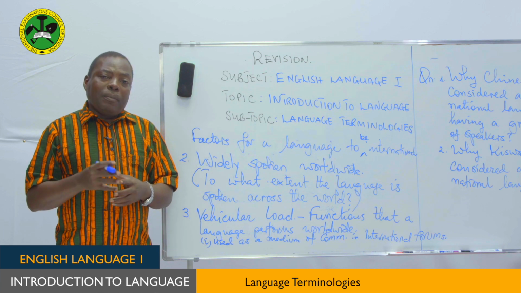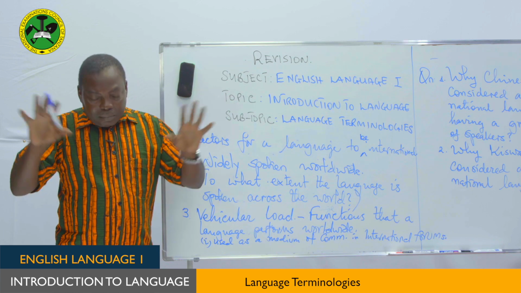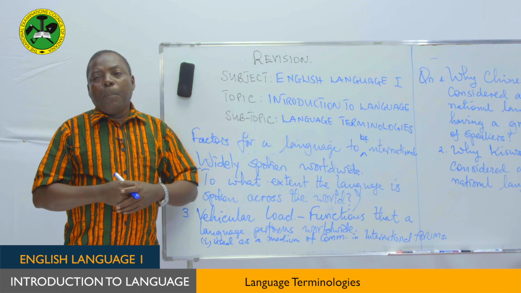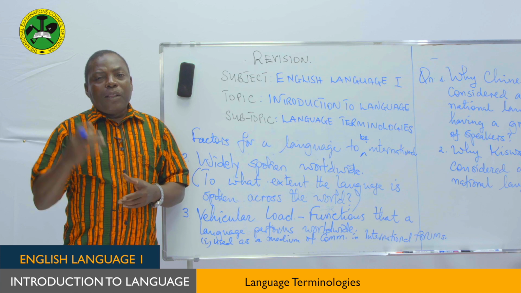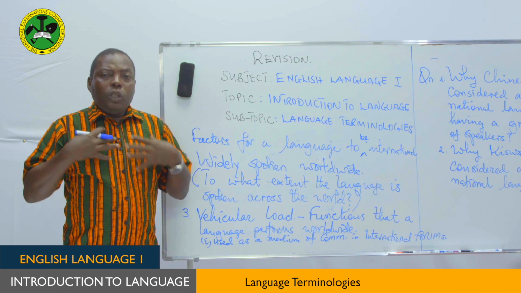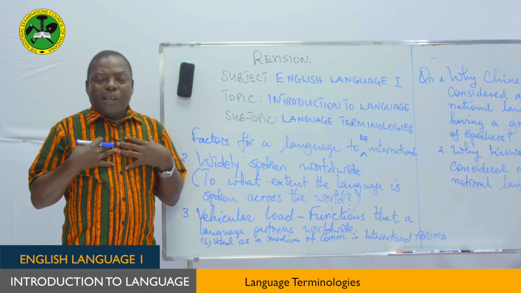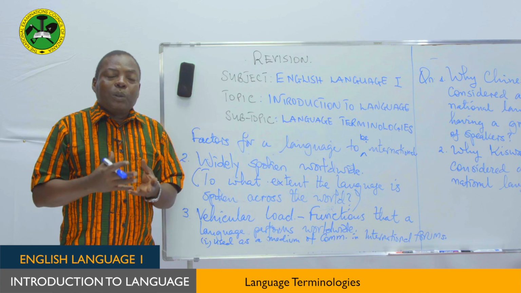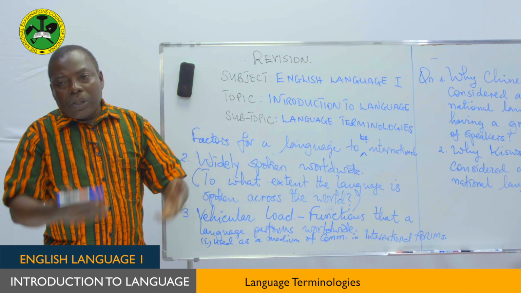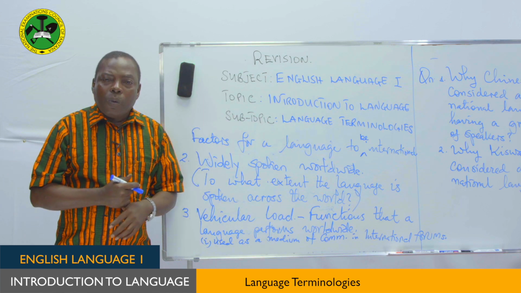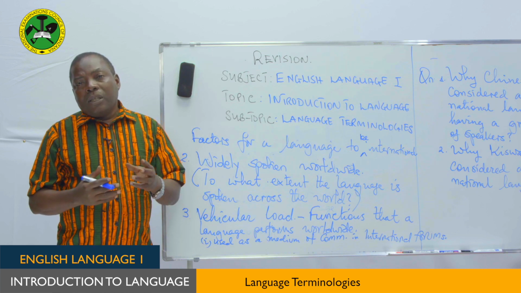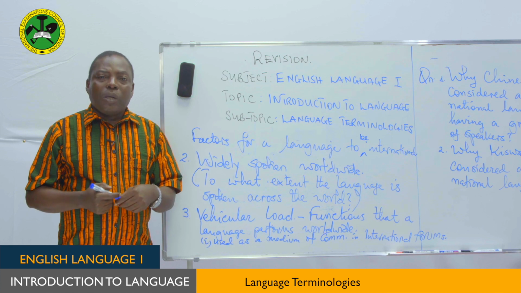Now, in order to see how best they can make their technology reach many people worldwide, they can think about which language they should use. They can use a language which is understood as an international language to make their technology reach many people worldwide. So that kind of language can as well be known as an international language.